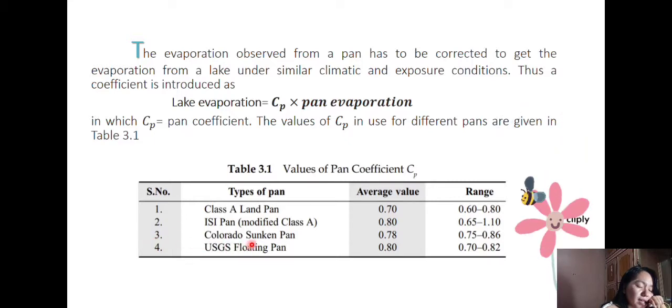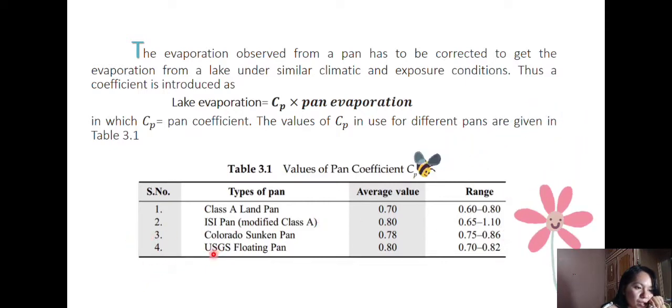Third is the Colorado sunken pan, average value is 0.78, and ranges from 0.75 to 0.86. Lastly, USGS floating pan, average value is 0.80 and ranges from 0.70 to 0.82.